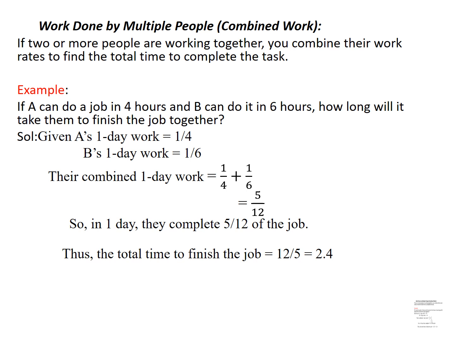If you take LCM for 4 and 6, we get 12. And after simplifying, we get 5 by 12. So in 1 day, they complete 5 by 12th of the job. Thus, the total time to finish this job is 12 by 5, nothing but 2 days, 4 hours.